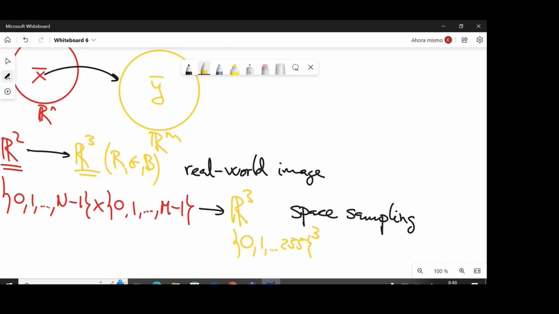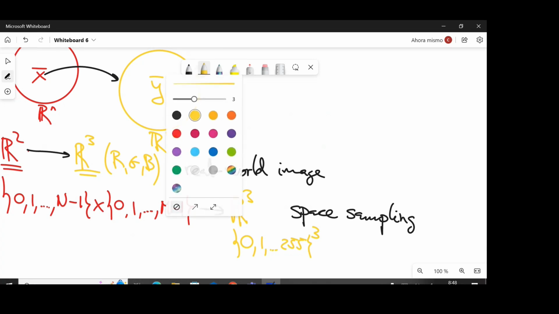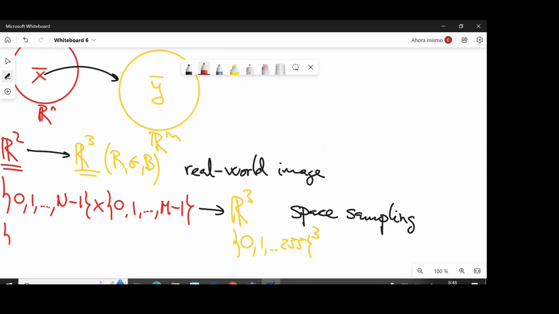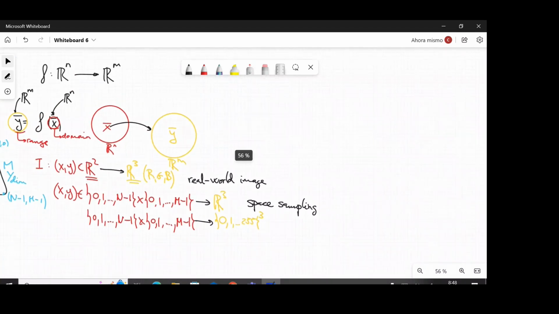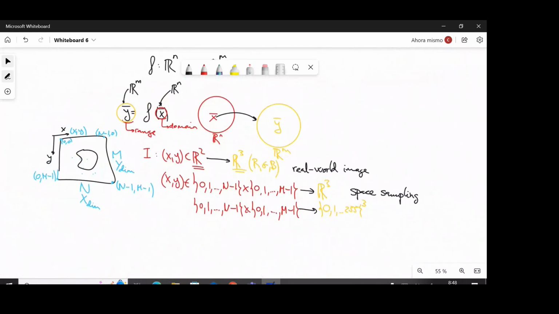Now, on the other side, we also have 0, 1, and minus 1, 0, 1, and minus 1. Let's use this one. That's it. So let's have a look at it. An image, let's put a name.